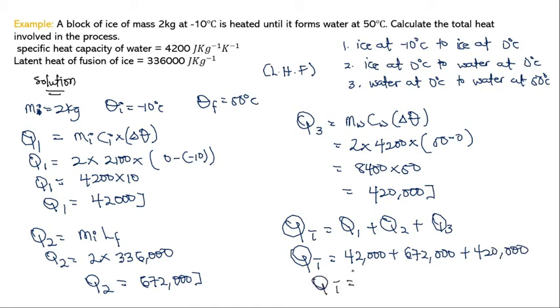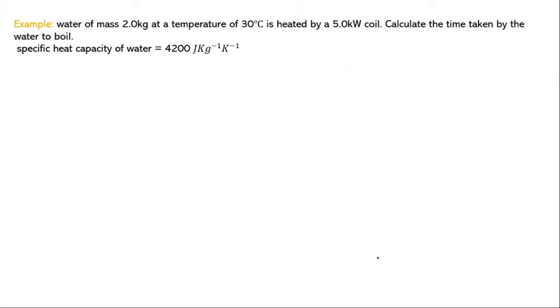So the total will be 1,134,000 joules of energy. So this is the total amount of energy needed in joules to convert an ice block of 2 kilograms at negative 10 degrees Celsius to water at 50 degrees Celsius. So let's proceed to look at another example.